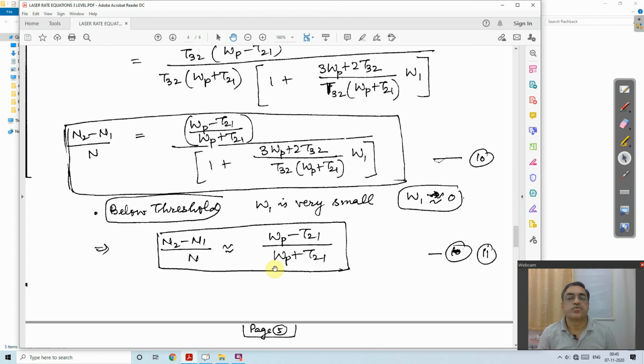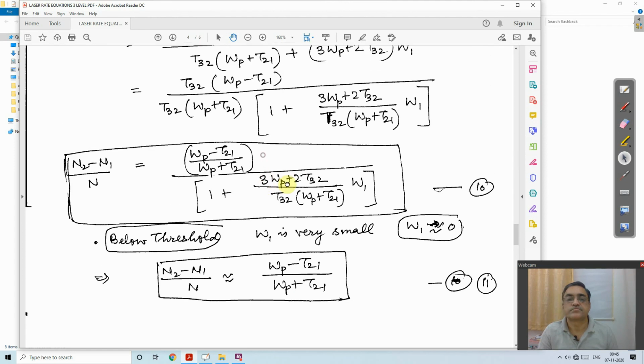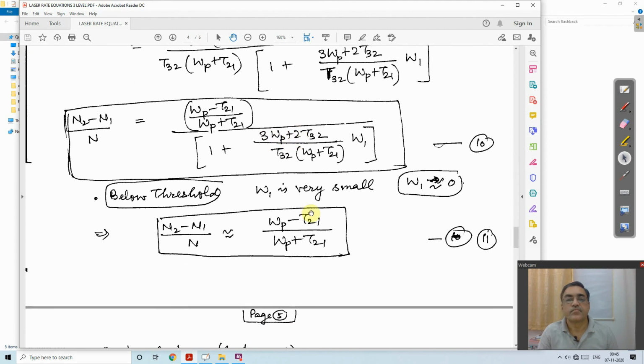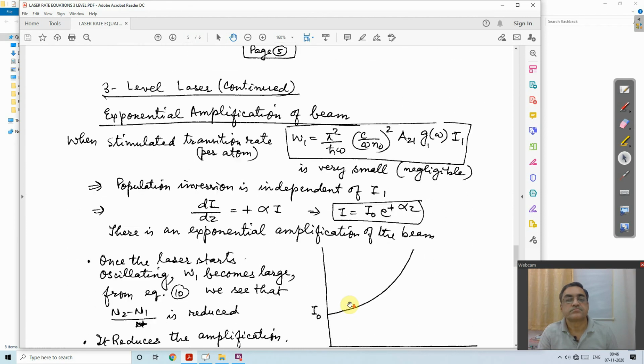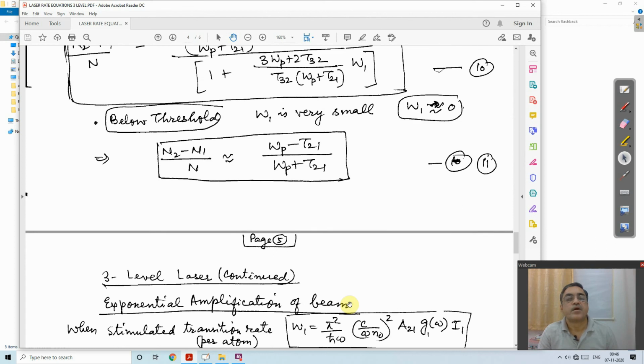and we obtain, by neglecting this thing here, because W1 is very small, N2 minus N1 by N is nearly equal to WP minus T21 by WP plus T21.